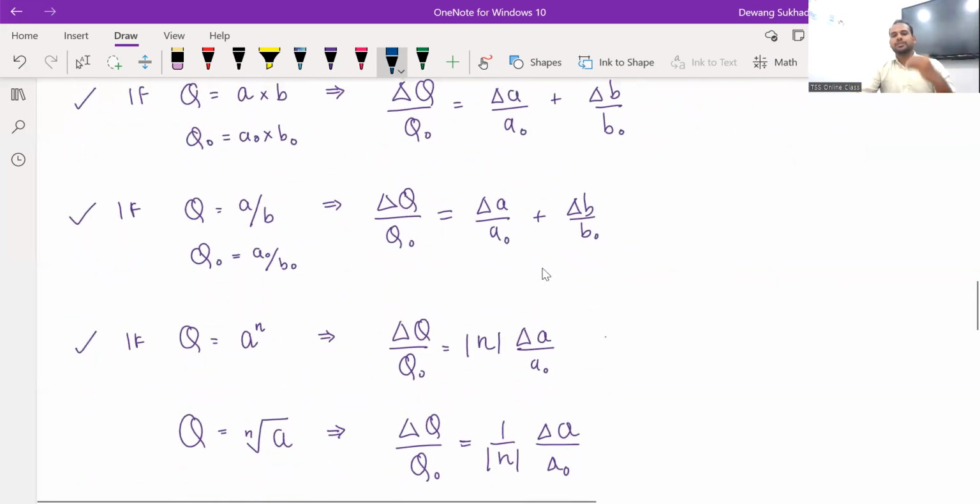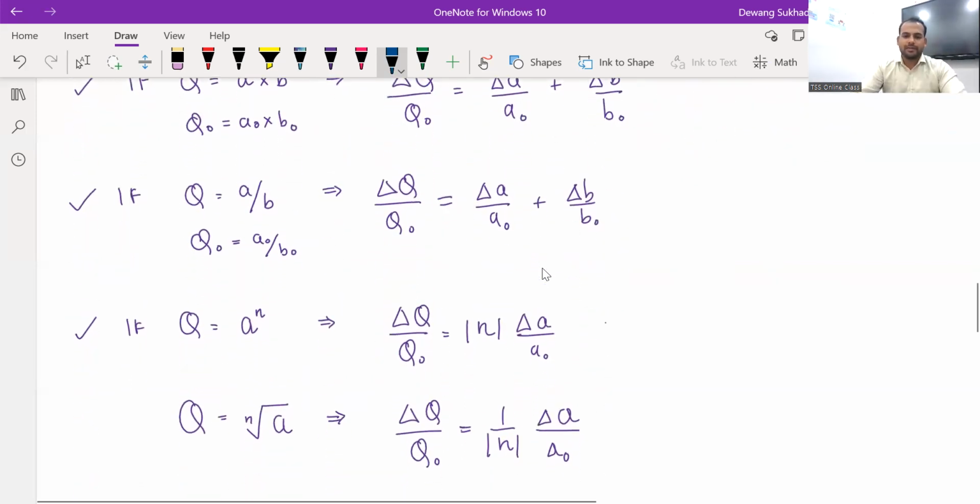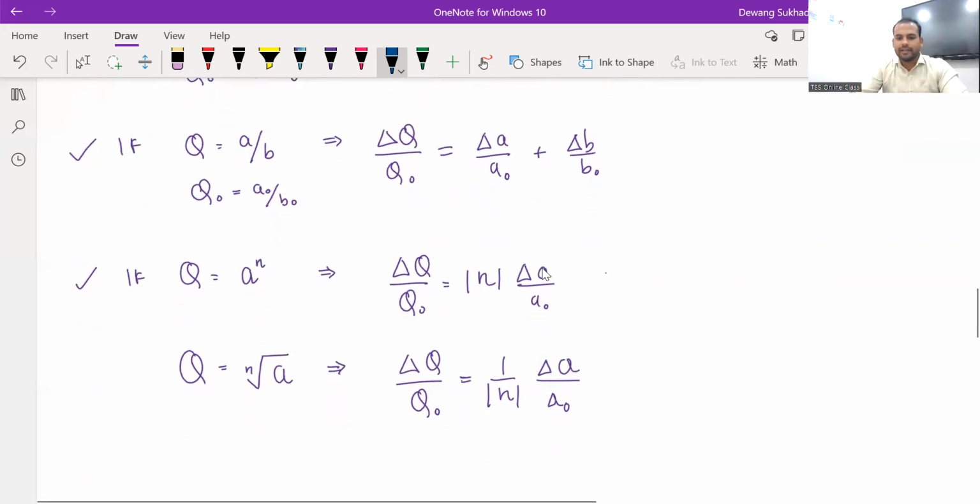If there are powers to any variables, then we can just take that power in front of the fractional uncertainty. But also there is a mod sign. The mod sign indicates that whether the power is negative or positive, we always multiply it in the numerator. So whether it is a raised to -2 or a raised to 2, we will always take it as 2, and not a negative number.